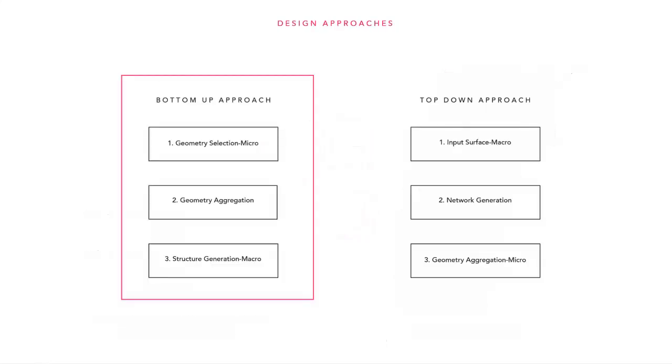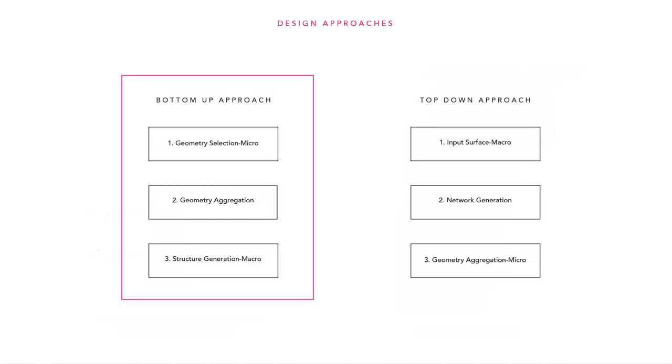Now, with this algorithmic logic in mind, there could be two design approaches. The bottom-up approach, which starts with a selection of module at the micro level, followed by geometry aggregation to form the final structure, or the top-down approach that starts with a user-defined macro surface over which the aggregation takes place.